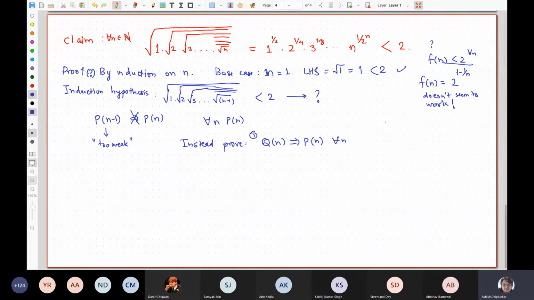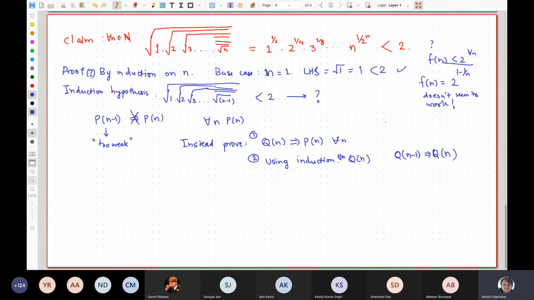This is the first thing you will prove, and the second thing you will prove using induction is Q of n for all n. So you are making a stronger inductive claim, and hopefully this stronger inductive claim is strong enough so that the induction goes through. So Q of n minus 1 implies Q of n, this kind of induction step goes through, hopefully.